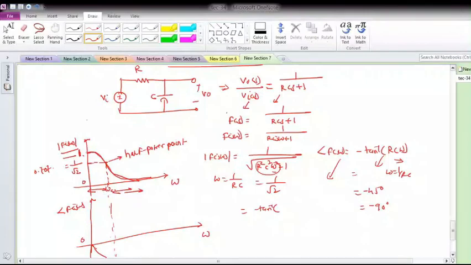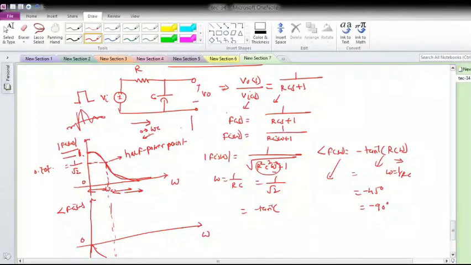If I work in the frequency domain, again I can extract some more information from it. Suppose my Vi is a pulse like this. A pulse consists of infinite frequencies, as it is a sinc function, and if it is a low pass filter, what will happen? It will only allow the frequencies up to the band 0 to omega c, the bandwidth omega c.